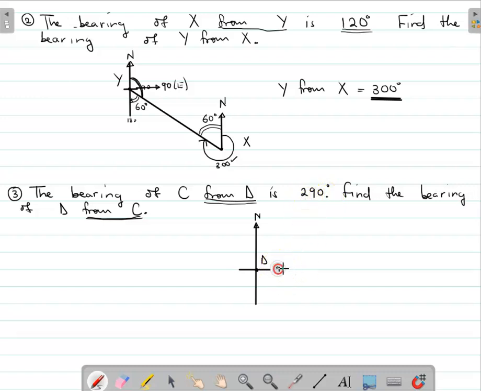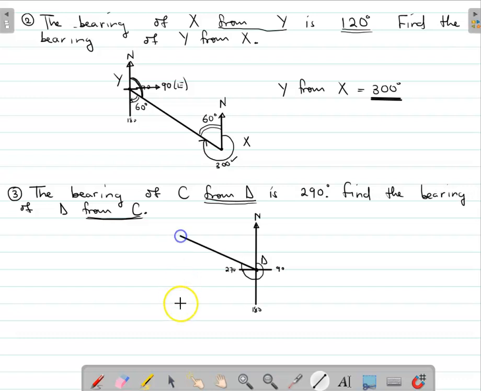Remember, this is 90. This is 180. This is 270. And we are going clockwise. So it means we go 90, 180, 270. So for 290, I need to still go, so which is this way. So it means my direction for C will be something like this.